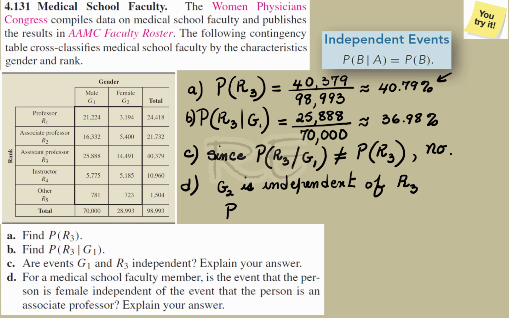G2 and R3 are independent? P of R3 was already calculated, 40.79%.